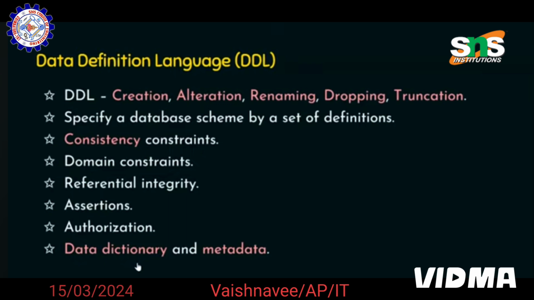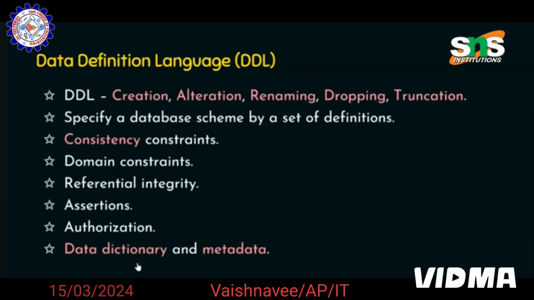So creation of the table, alteration of the table, then if you want to rename the table, this is renaming the schema only. This is also DDL. Dropping the table means removing the complete information about the table. Even the table itself will be dropped from the memory. So the complete removal of the table structure is dropping.